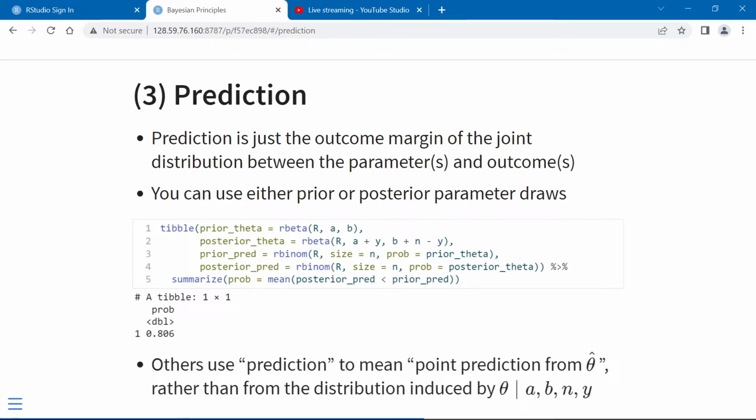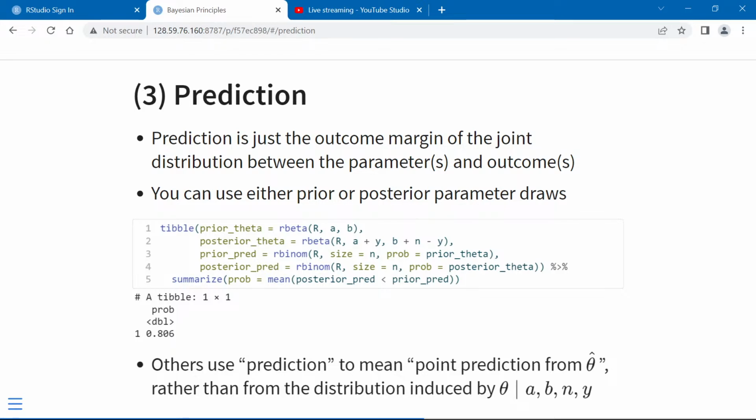And we can see in this case, and it's kind of a weird calculation, that the proportion of times where the posterior prediction of the number of people who were vaccinated given that they got COVID is less under the posterior than under the prior is actually only 80%, because the prior was so weird and it put so much probability on a prior mode on the vaccine effectiveness being close to 1.